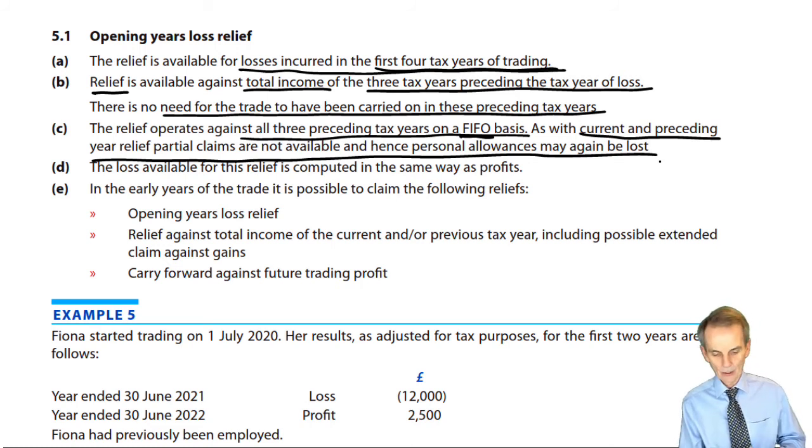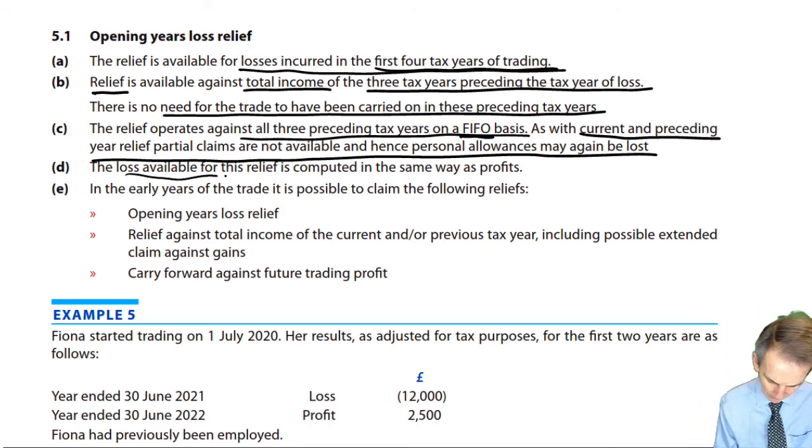If all that goes, then the remaining loss will go against the total income of 1 year ago. So again, I repeat, it is a single claim against all of the preceding 3 tax years. Very different to the current and preceding year claims, which were either or. You could make a claim for one, not the other. They were separate claims. You choose whether to make either, and if both, in what order. This is one single claim.